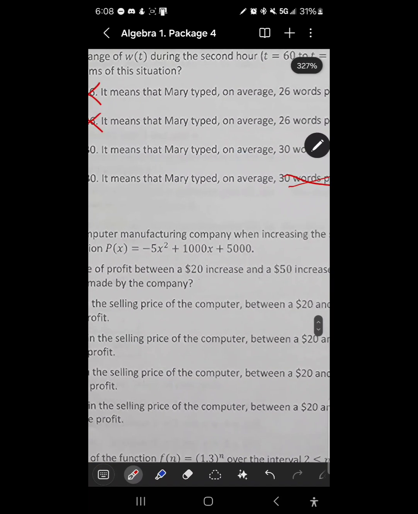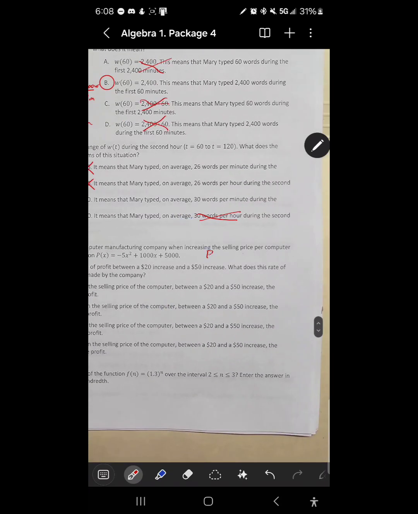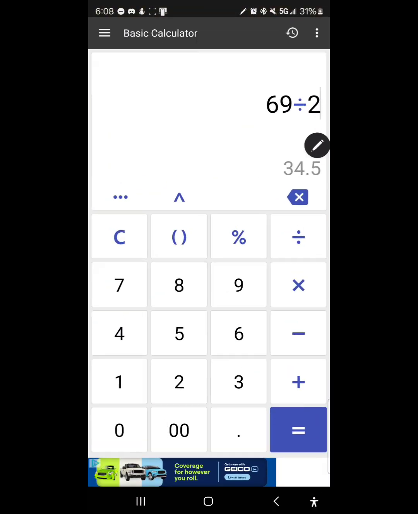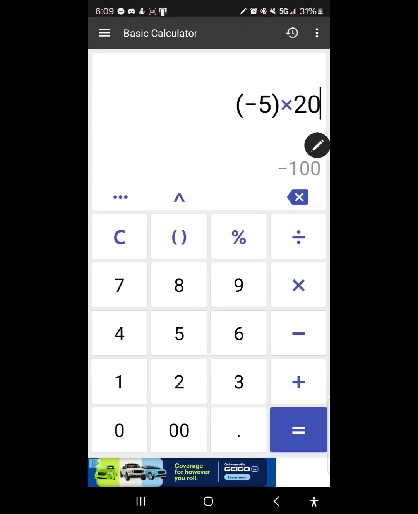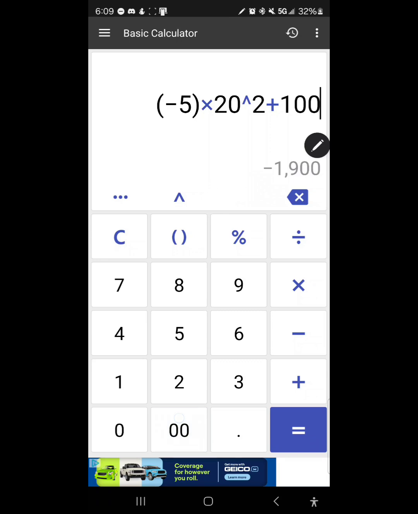So with x being 50 and x being 20, we don't have those. So for x being 20, I'm just going to put it in the calculator since I'm going a little bit fast. So it was negative 5 times 20 squared plus 1,020 plus 500.